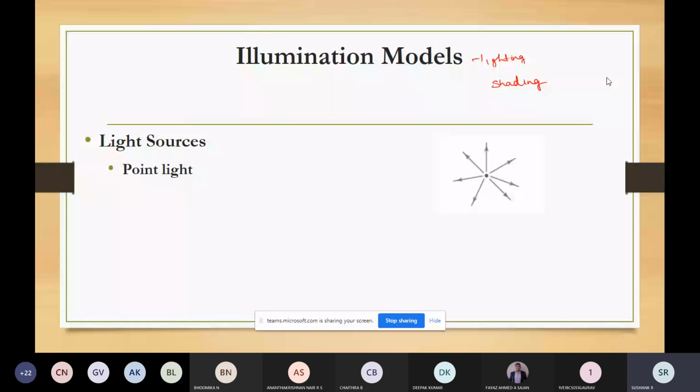Where will this illumination model be used? In the surface rendering method. The surface rendering method uses the color calculation from the illumination model to determine the pixel color for all the positions in a scene.